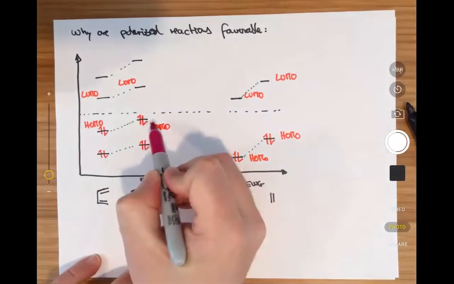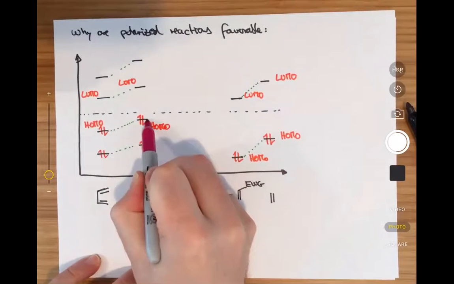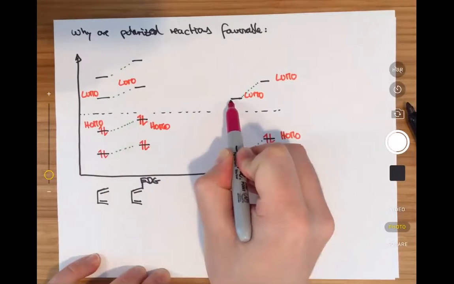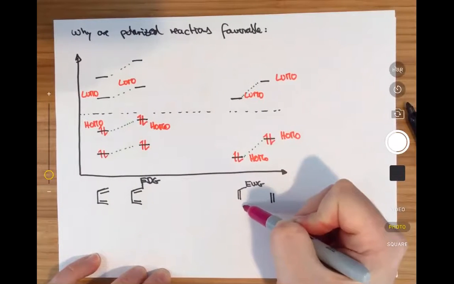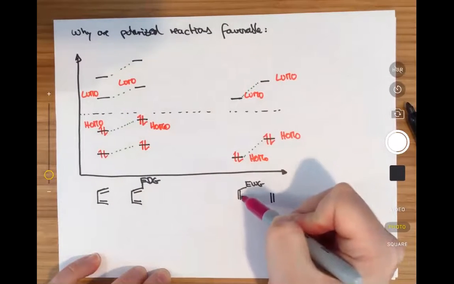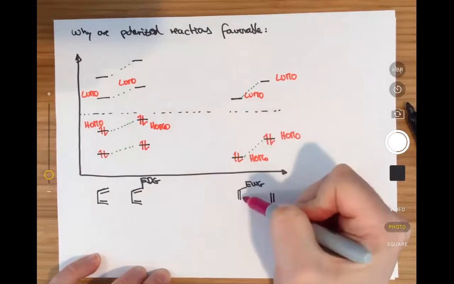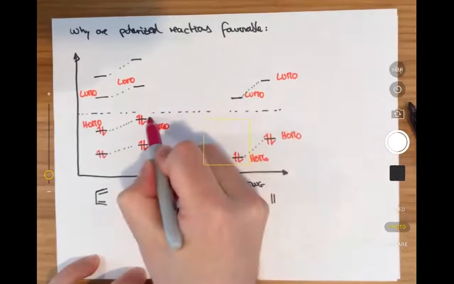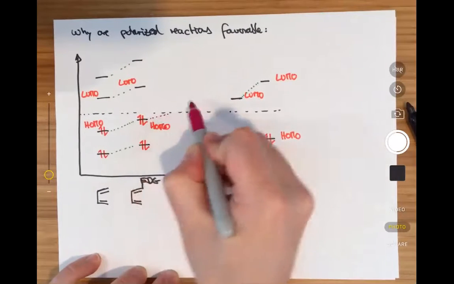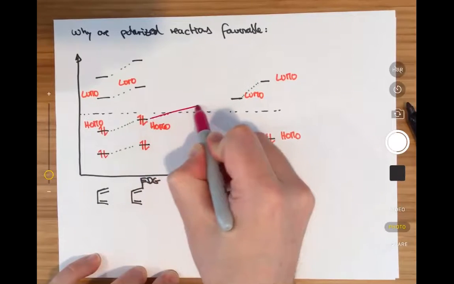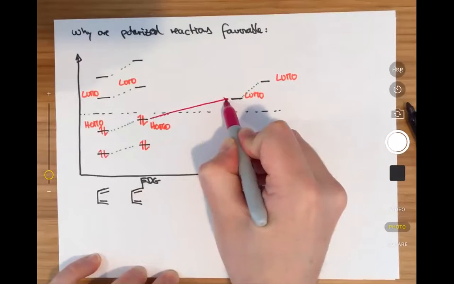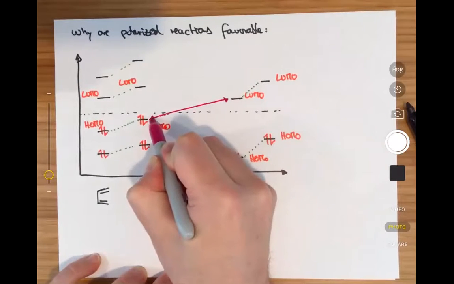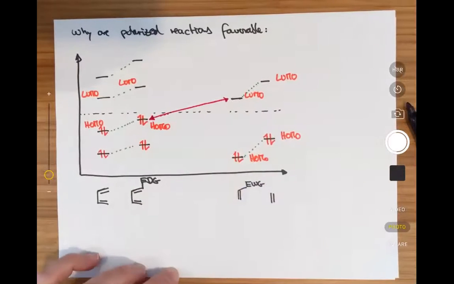So if you look closely, this HOMO here is now much closer in energy to this empty orbital of the dienophile, that's basically this one here, the LUMO of the electron withdrawing pi system. So this interaction here, let's draw it out, will be much more favored because they are closer in energy, and the interaction is much, much stronger between these two systems.